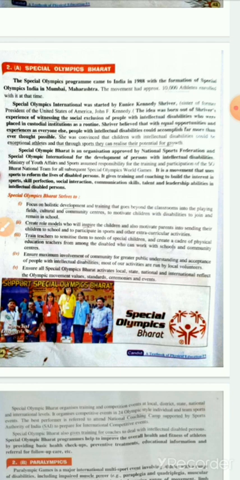What are the efforts done by Special Olympic Bharat? First is to focus on holistic development and training that goes beyond the classroom into the playing field, cultures and community centers, to motivate children with disability to join and remain in school.